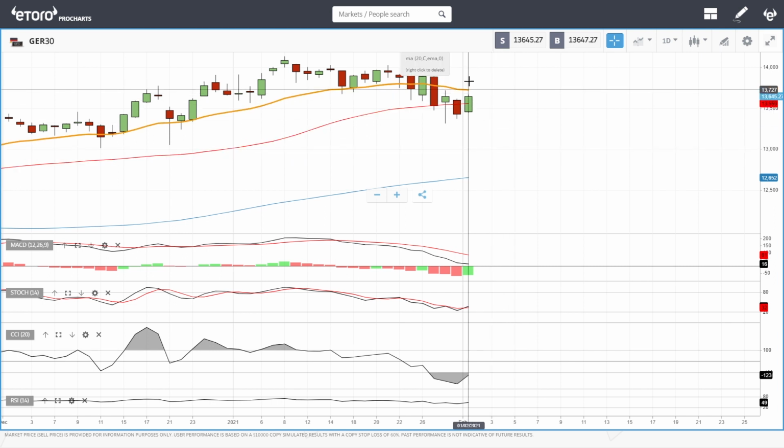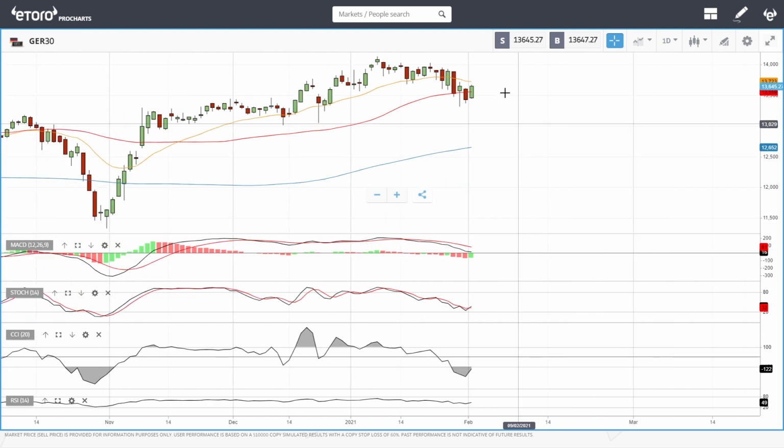We need a clear test of the 20 exponential and to see where we are going after that. Until that happens, I'm just going to stay away from this market. Otherwise, a rally above the 20 exponential opens the door all the way up to these previous highs here at 1,440, give or take. Technical indicators are turning around, so this may be the bottom, but still it's pure gamble just to enter this for a buy at this point.